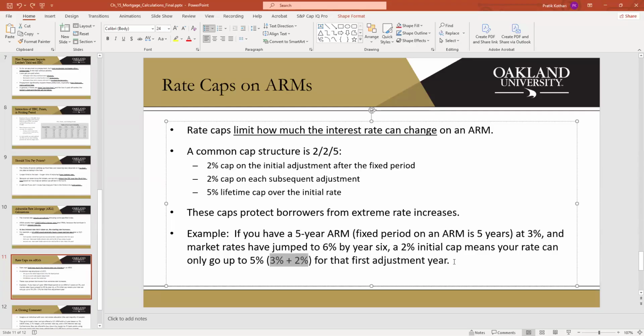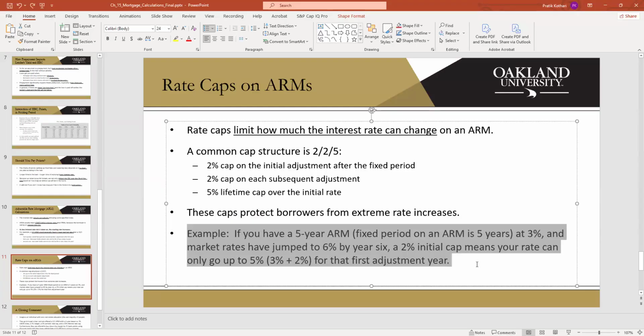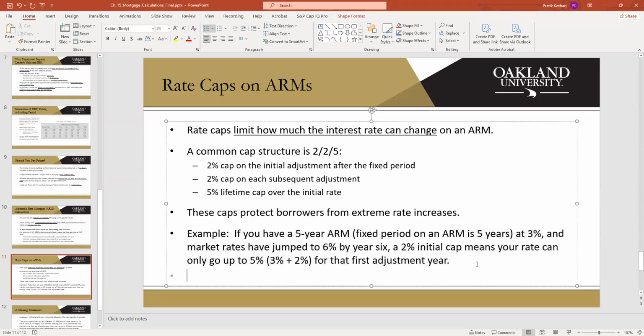Okay. In this entire example, suppose that the markets jumped again by 6% in year 7. So market rates went up by 6% more. What will be our new interest rate? Well, subsequent rate increases are capped at 2%.